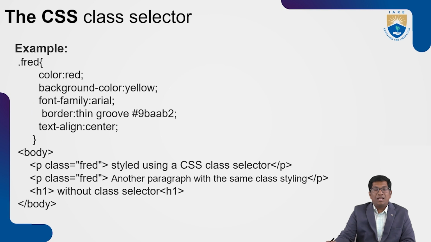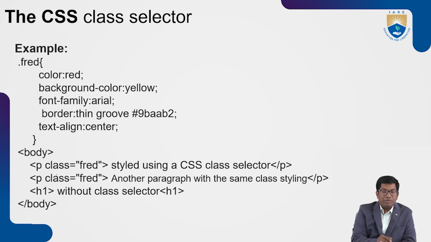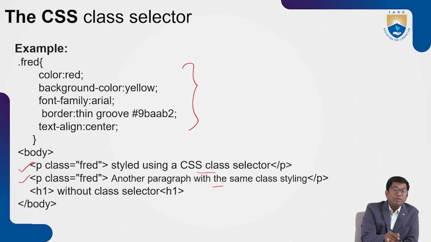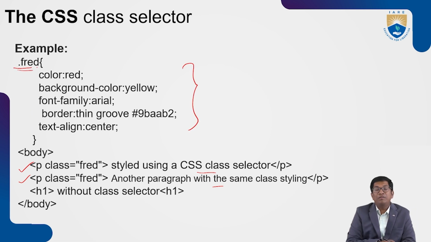So the CSS class selector. See a simple example. We gave this paragraph a class, and the next paragraph also the same class. So for these paragraphs, all these properties will apply, but you have to write with a dot. When you are telling it is a class identification of that element, class means you have to start with a dot then the class name.